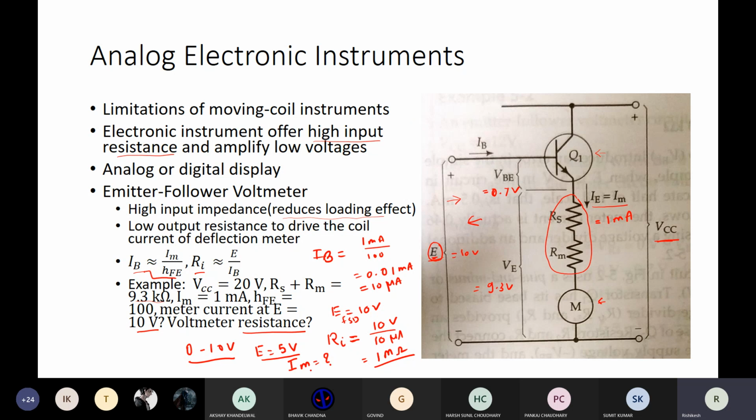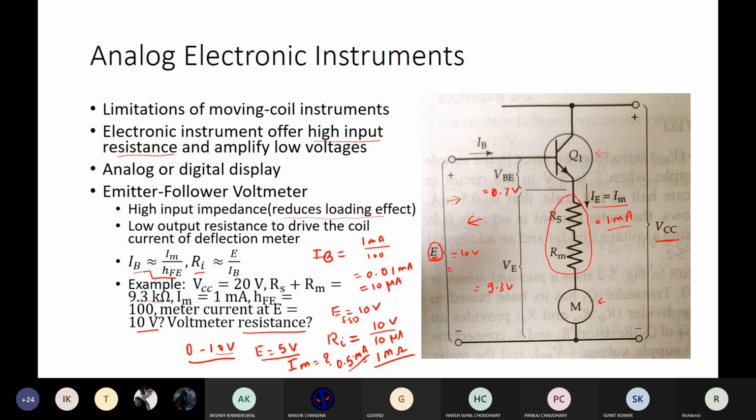First of all, tell me how much current deflection it should show. For 10 volts, it is showing 1 milliampere. For 5 volts it should show 0.5. Now calculate whether it is showing 0.5 milliampere.